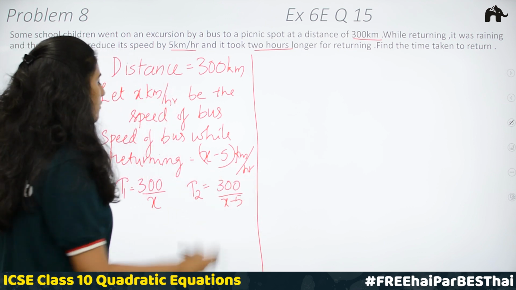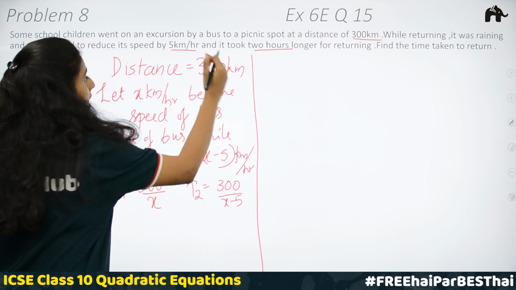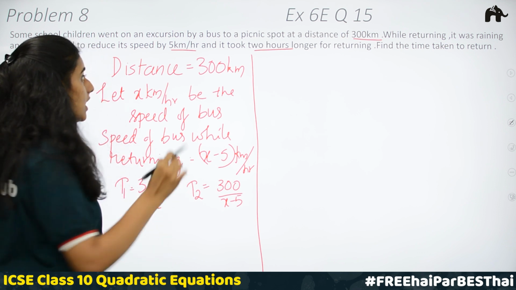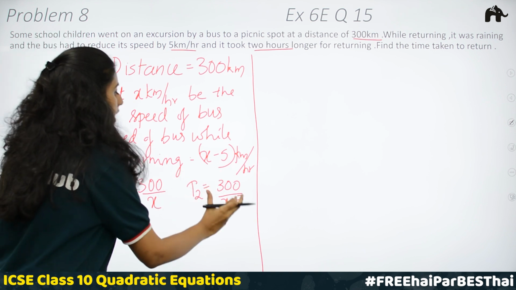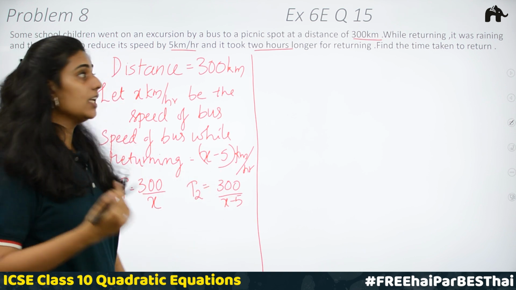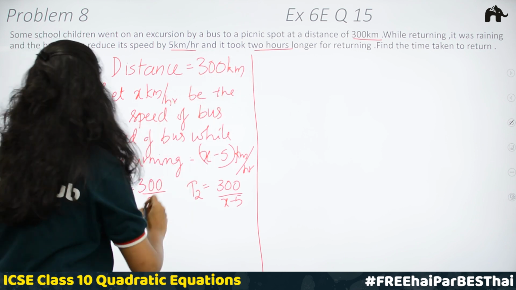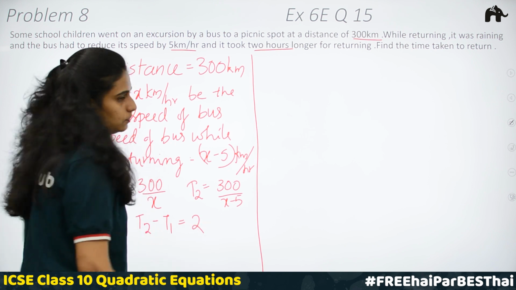When speed increases, time decreases. Here, speed is decreasing, which means time is increasing. It is taking 2 hours longer. That is, T2 minus T1 will be equal to 2 hours. The difference in time is 2 hours. T2 minus T1 is equal to 2.